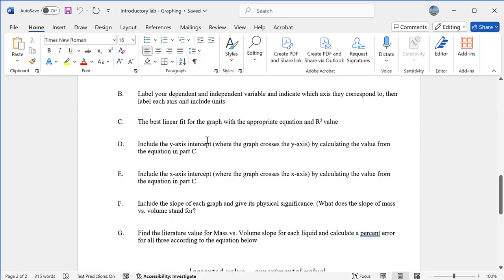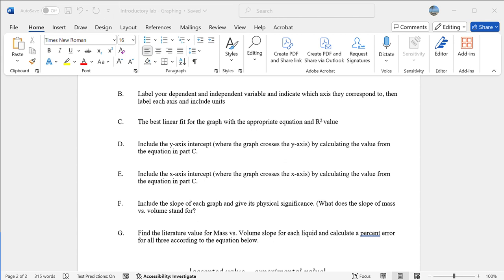Then you find the best linear fit. So you're going to use a trend line in Excel. You can do a search. Let me see if I can show you real quick here. So, how to find a trend line in Excel.